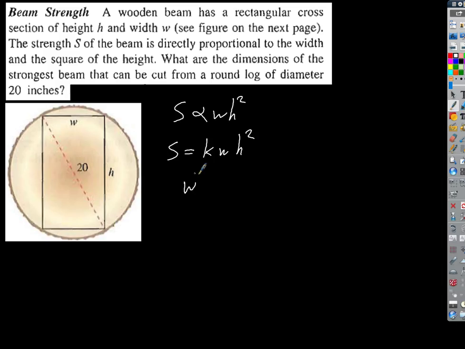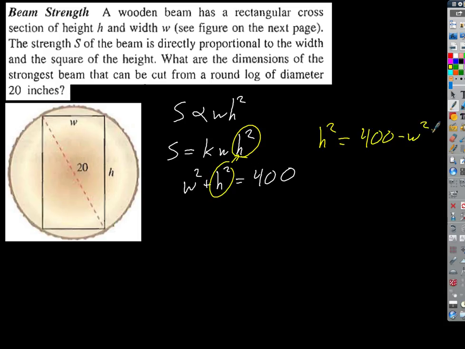W squared plus H squared equals 20 squared. What substitution would we make? Solve for H squared. So H squared equals 400 minus W squared. Make that substitution, and look what we get. S equals K W times that.